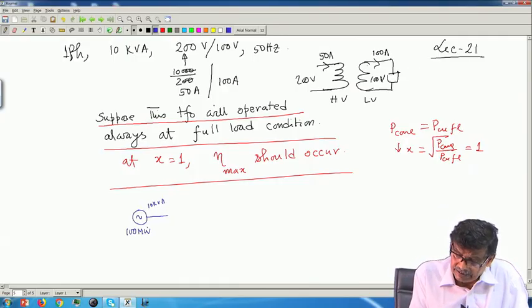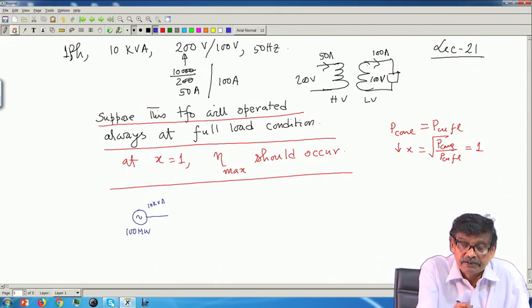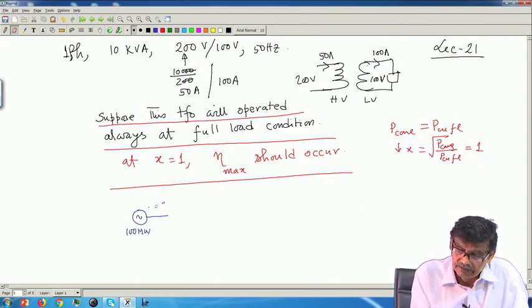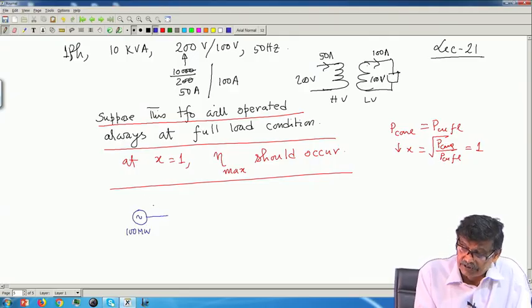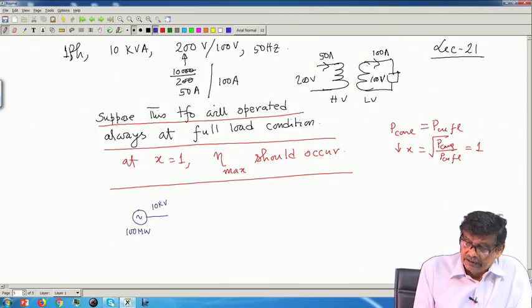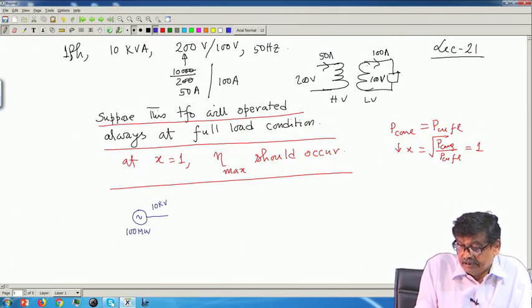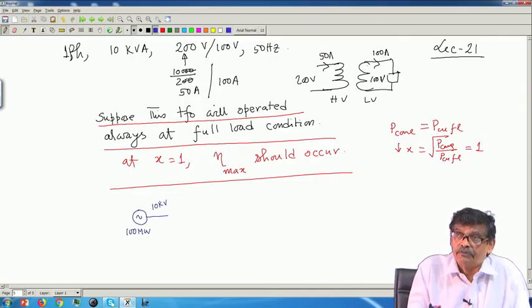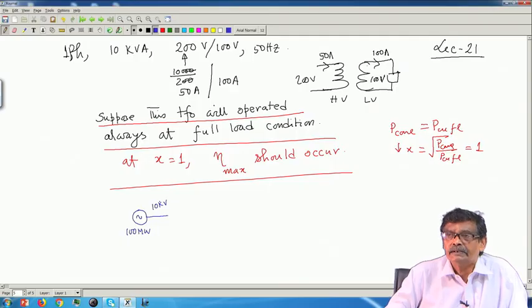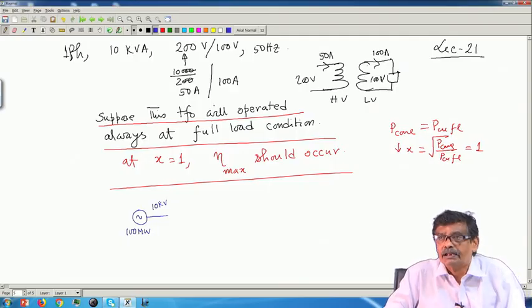Therefore, this 100 megawatt of power should be transmitted over a long distance, and suppose the generated voltage is of the order of 10 kV. But to transmit this large bulk amount of power over hundreds of kilometers at a voltage level of 10 kV is not economical at all.